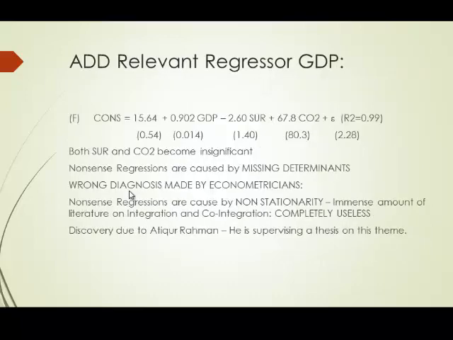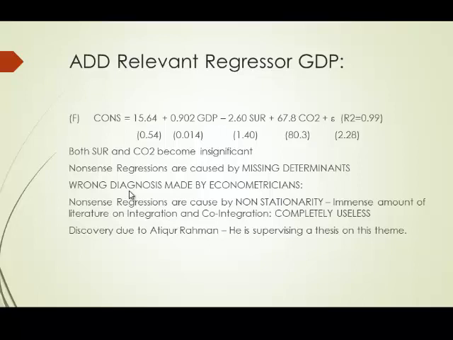So we can show that this is the case by adding in the GDP, the missing variable. Once we add this in, then CO2 and survival, they both become insignificant. And so the nonsense regressions are caused by missing important determinants.